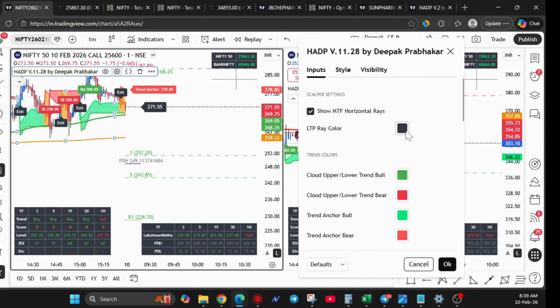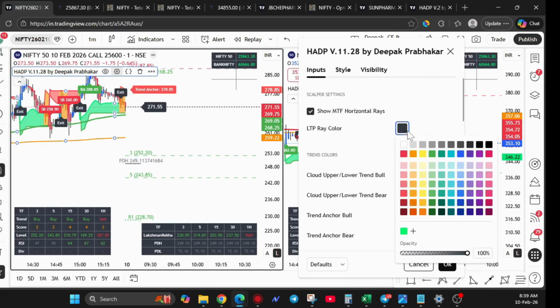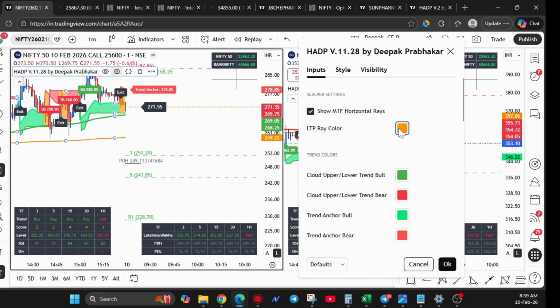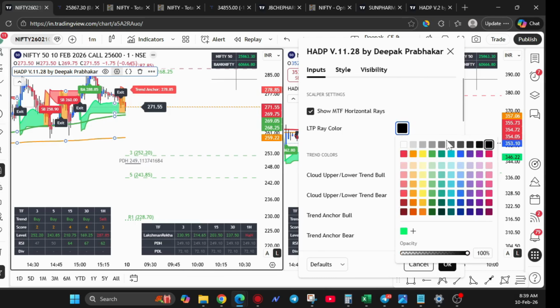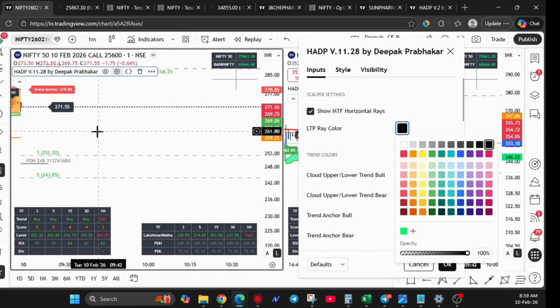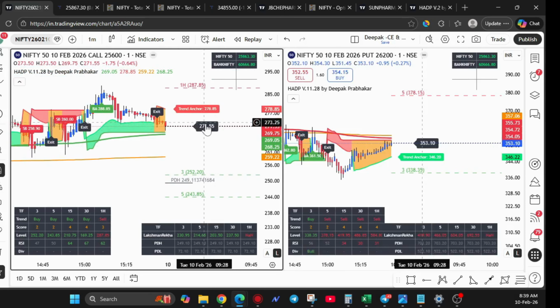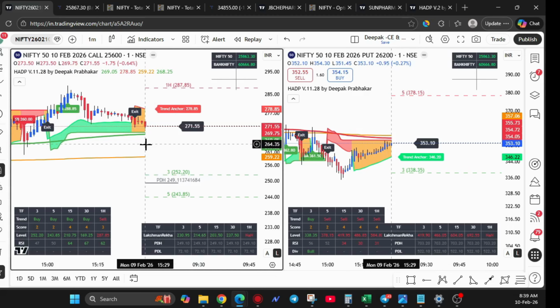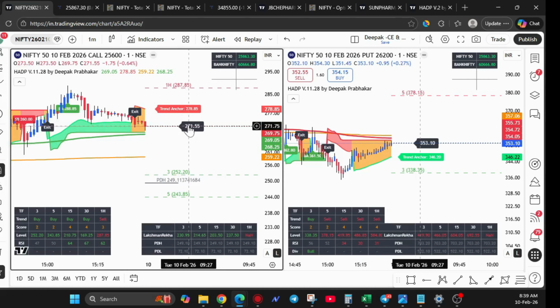There is a horizontal LTP ray color, right? Now what is this LTP ray? The LTP ray is this price that you are seeing. Now what is this price? Look at the Heikin-Ashi close. The Heikin-Ashi closing price versus the real time price. Now the market is settled, so it is showing 271.55.